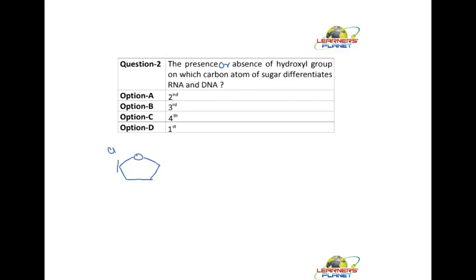Here we have one CH2OH. This carbon is the first carbon, and this is the second carbon. In DNA there is no hydroxyl group at the second carbon. Whereas if I draw the structure of RNA, that is the ribose sugar, we have a hydroxyl group at the second carbon atom.